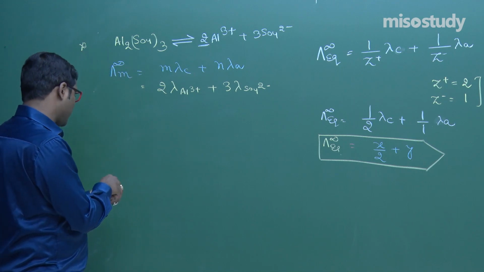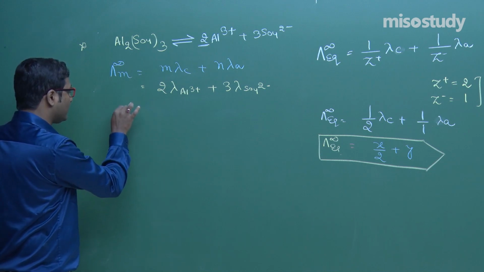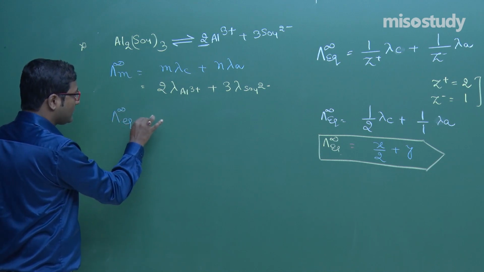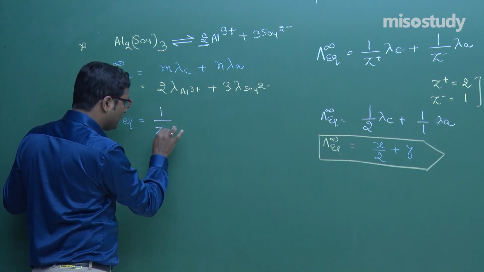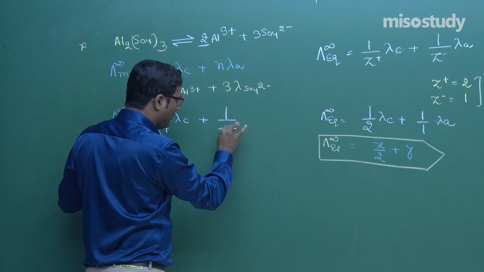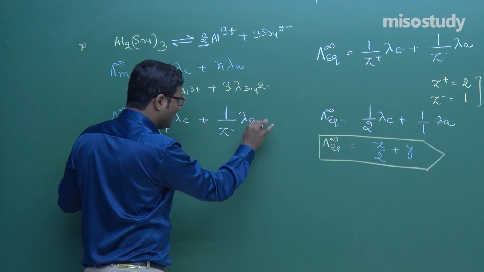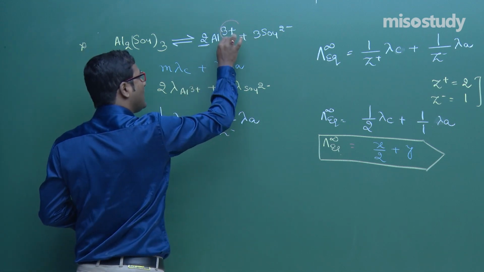Now, what is the expression for ionic equivalent conductivity in this case? Equivalent conductivity is equal to, my friend, 1 upon Z plus lambda C plus 1 upon Z minus lambda A. What is Z plus here, my friend? That is the charge 3.